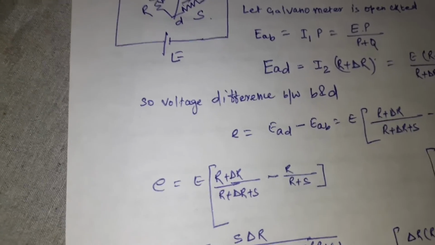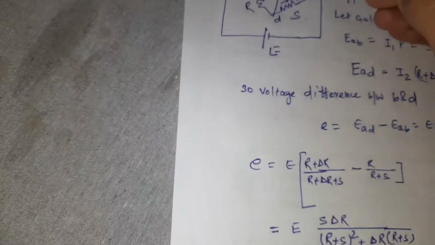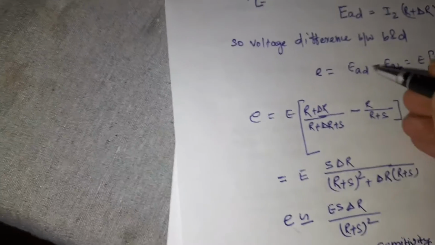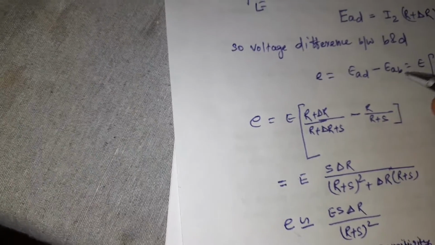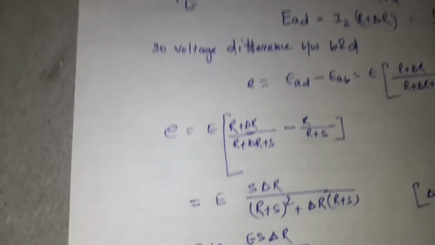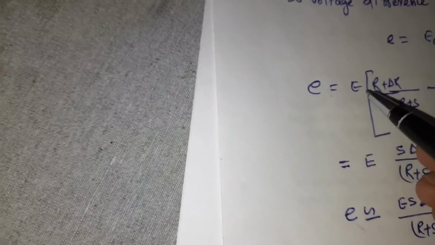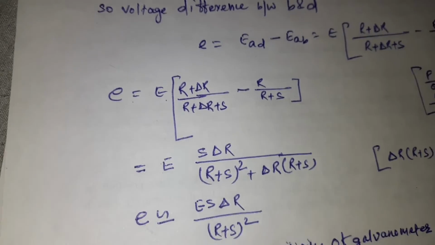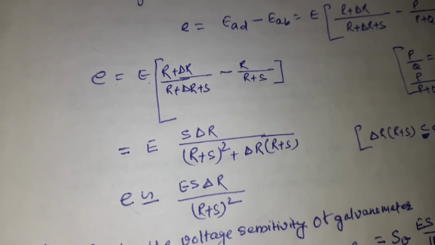So E into R plus del R by R plus del R plus S. The voltage difference between B and D is equal to EAB minus EAD. If you put those values and solve using this formula, and since P by Q is equal to R by S as the bridge is balanced, we get P by P plus Q minus R by R plus S.